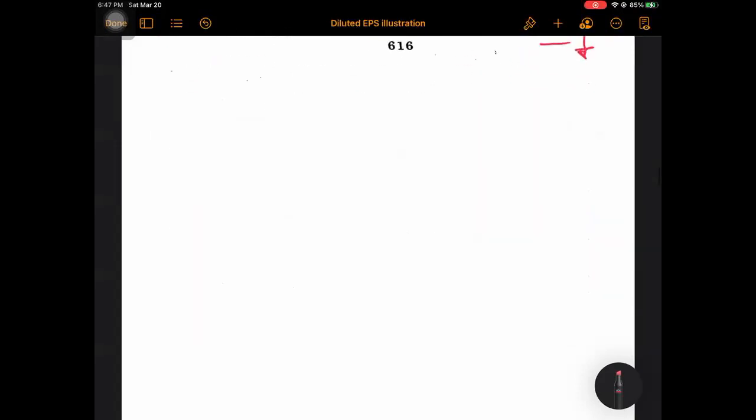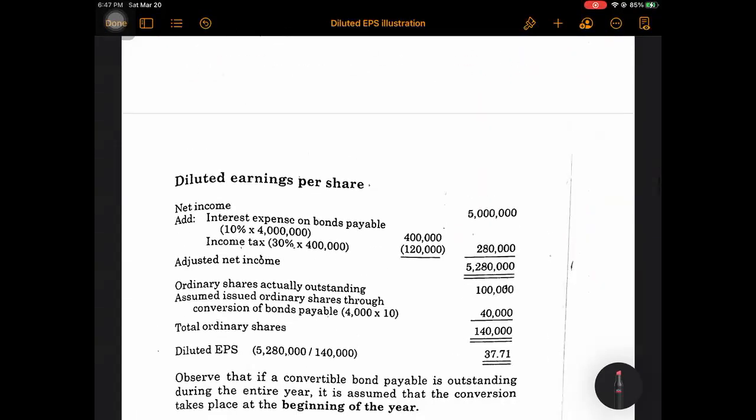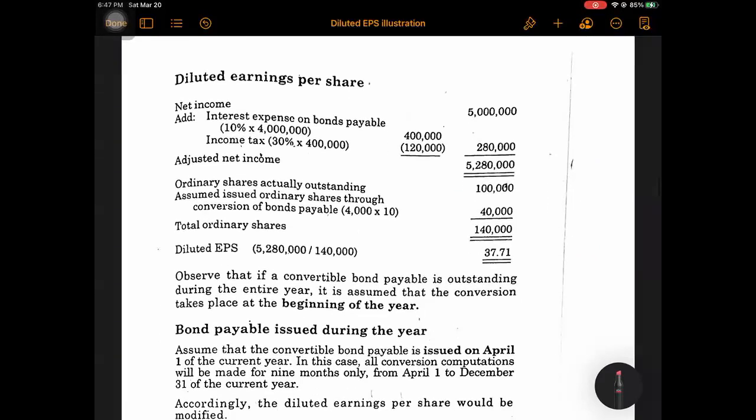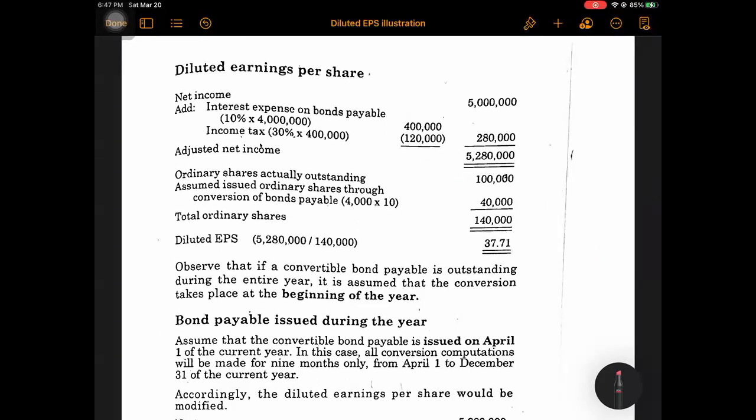Okay. So how are you going to compute diluted earnings per share? This is how we compute it. You have the net income plus the interest expense net of tax. Therefore, we have an interest expense of 400,000, that's 10% times the 4 million principal.